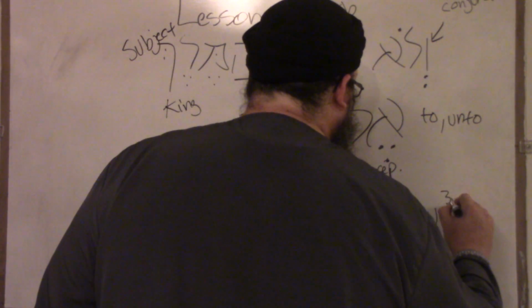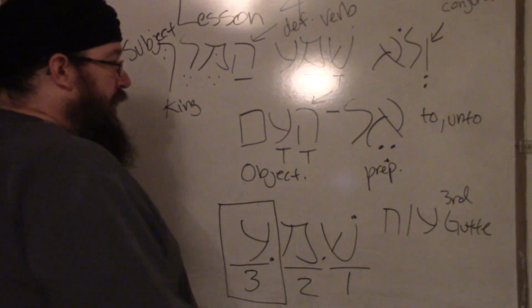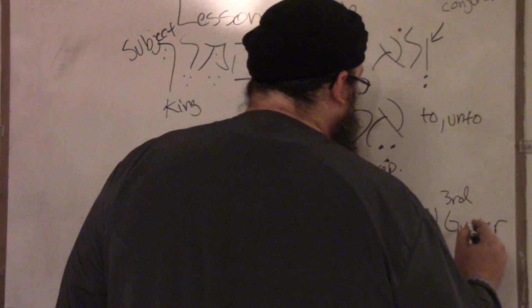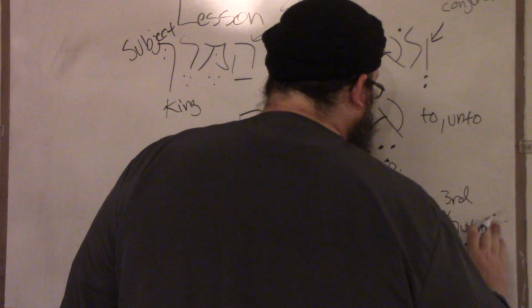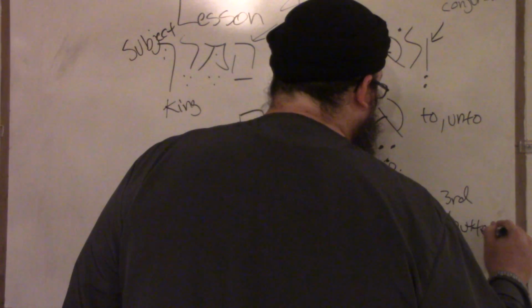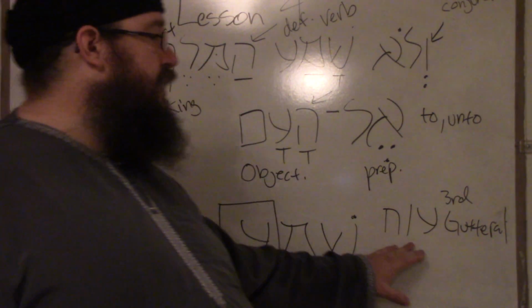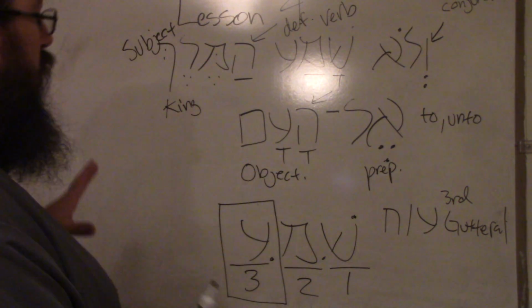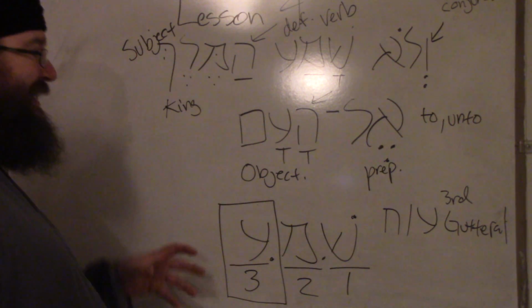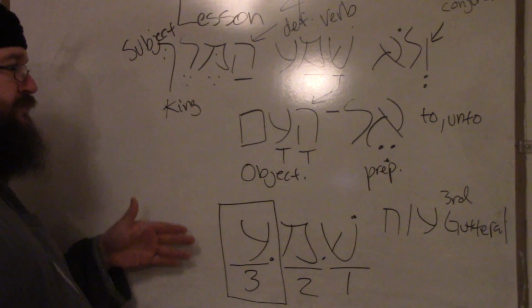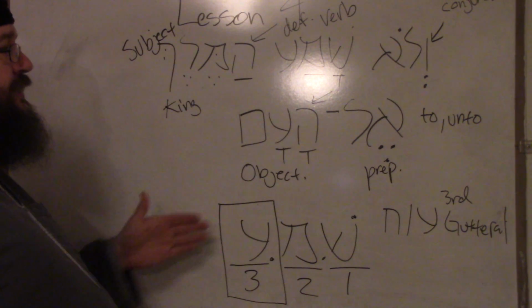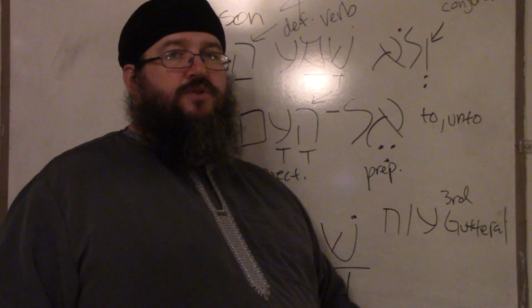So this is the third ayin and chet guttural, which means all verbs that have ayin or chet at the end have to be vowelized using the ayin chet third guttural chart.